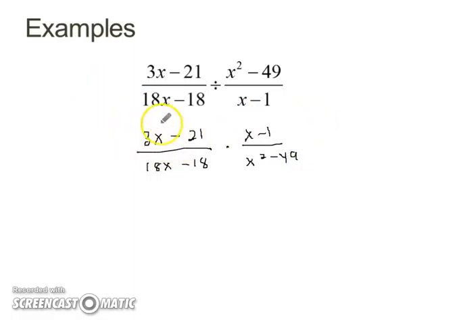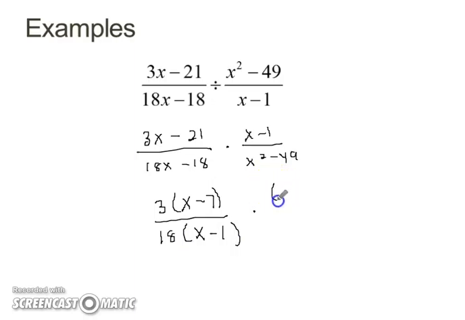So these two terms share a 3. If I factor out that 3, I'm left with x minus 7. That denominator, 18x minus 18, they share an 18. You're left with x minus 1 times x minus 1. And then this is difference of squares. So x minus 7, x plus 7.